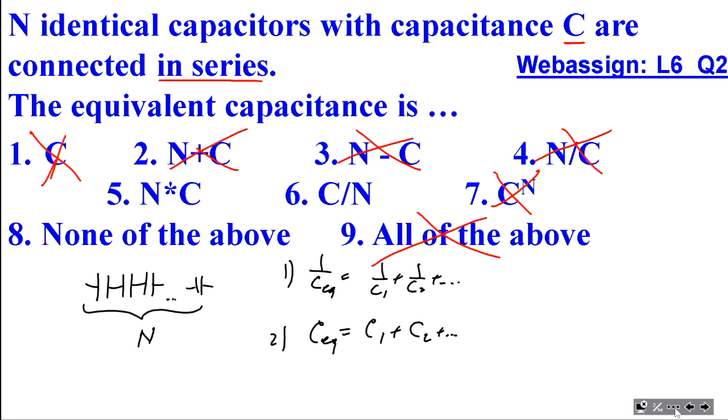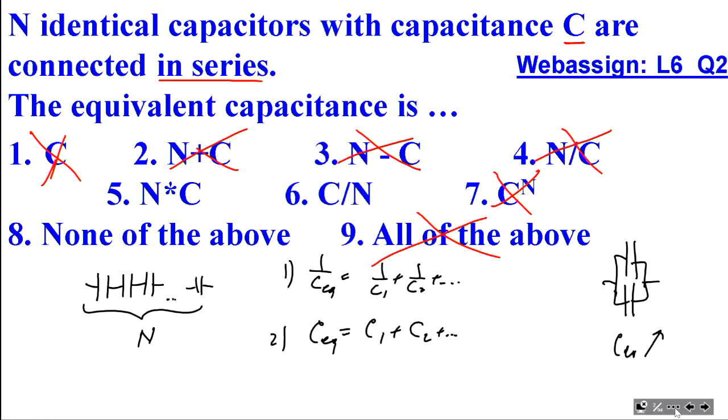sometimes it is helpful to remember that when capacitors are connected in parallel, the equivalent capacitance goes up relative to individual capacitance because we are just adding more area.